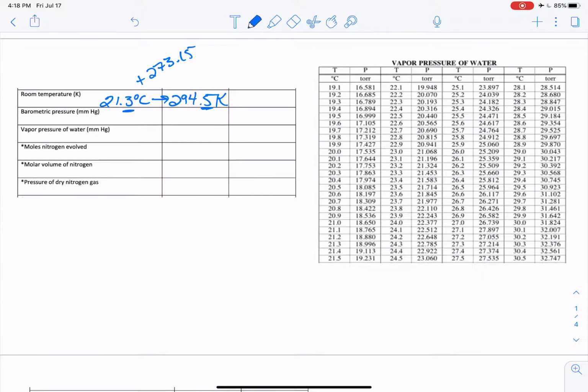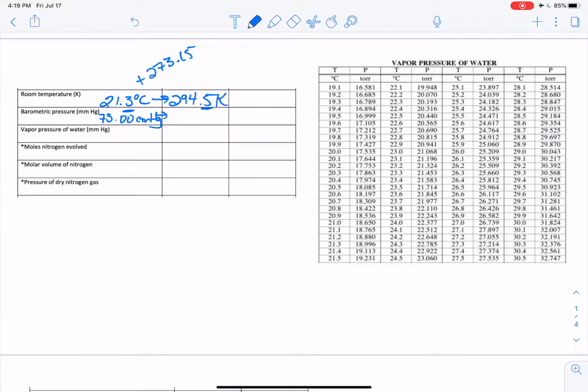Okay, the barometric pressure. So you're shown a circular barometer, and the circular barometer gives you the barometric pressure in various units. But the one you're going to want to look at is the centimeters of mercury. And I'm just going to give this a guess and put that maybe we got 73.00 centimeters of mercury.